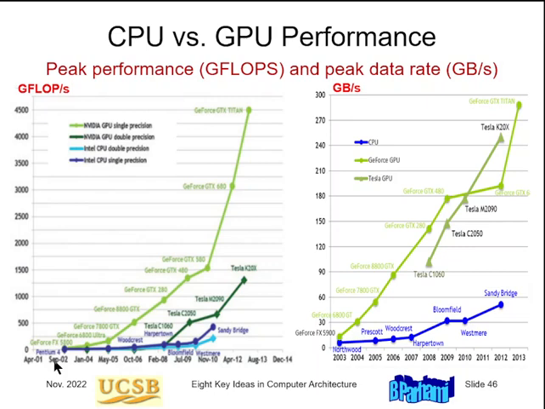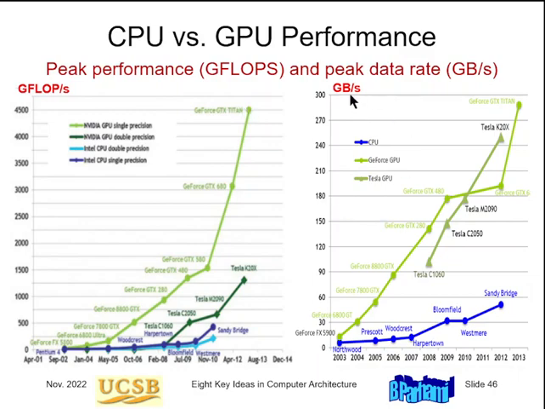So this is how much, over the time 2001 to 2013 roughly, CPUs improved in terms of gigaflops. In the same time frame, GPUs grew much more rapidly in terms of performance.